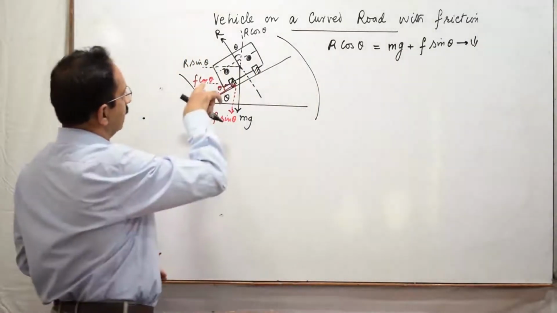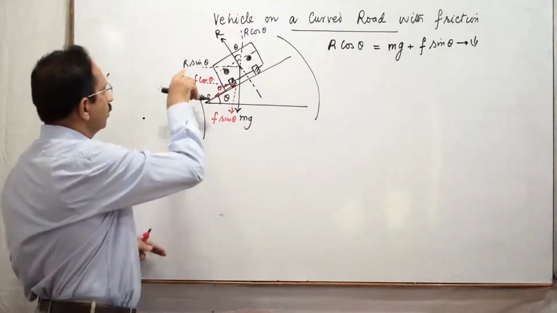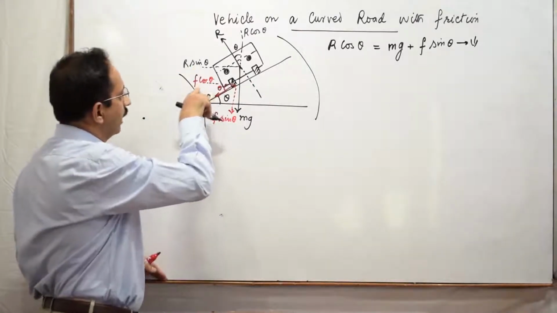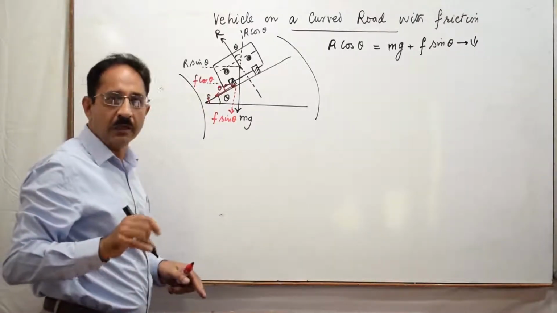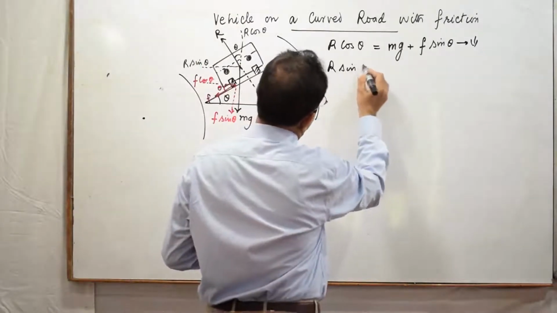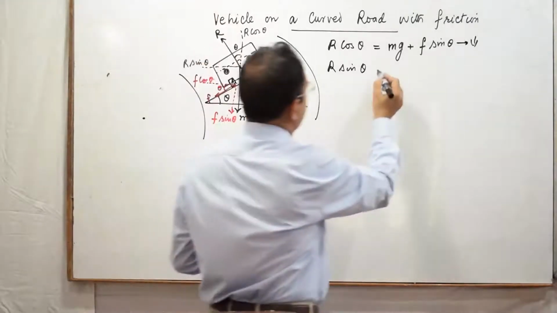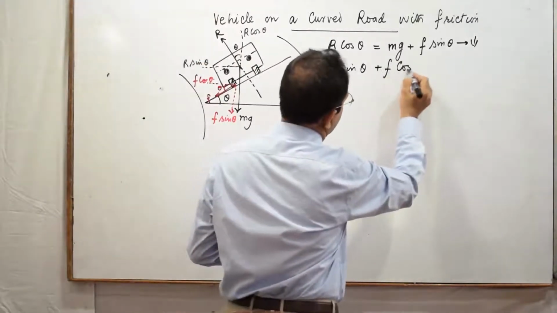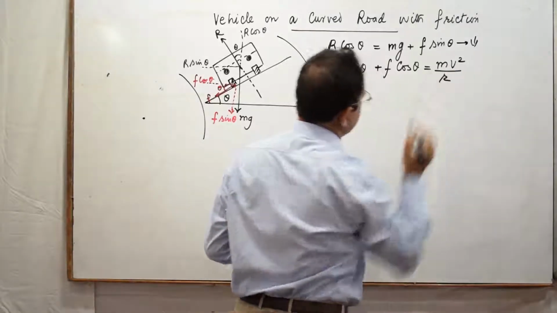Now on the x-axis, the two forces R sin theta and F cos theta act towards the inner side, towards the center of this curved road, and they are the two forces which provide the necessary centripetal force. So we have R sin theta plus F cos theta providing the centripetal force required by the vehicle.